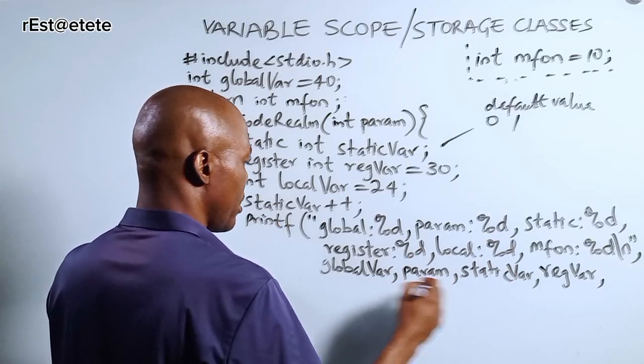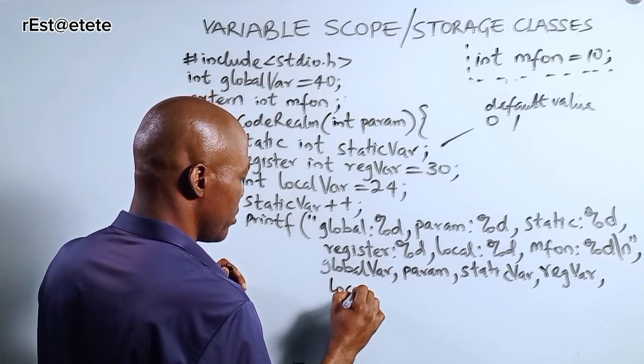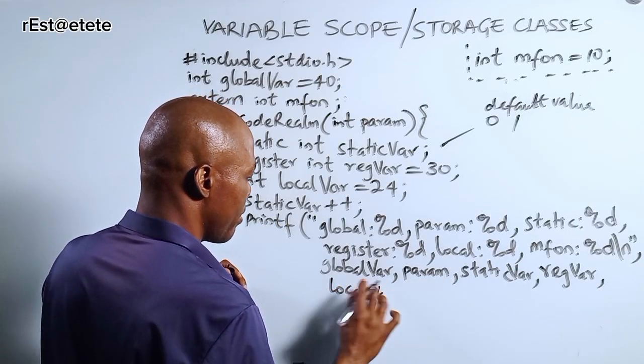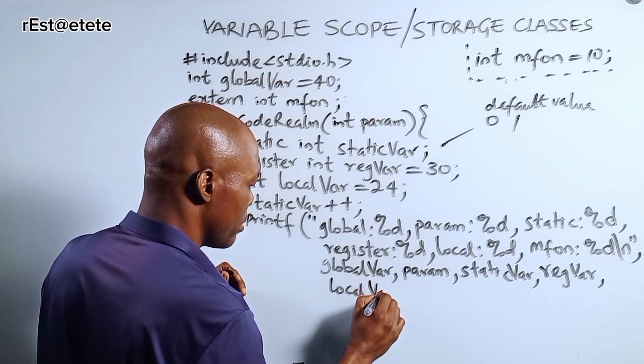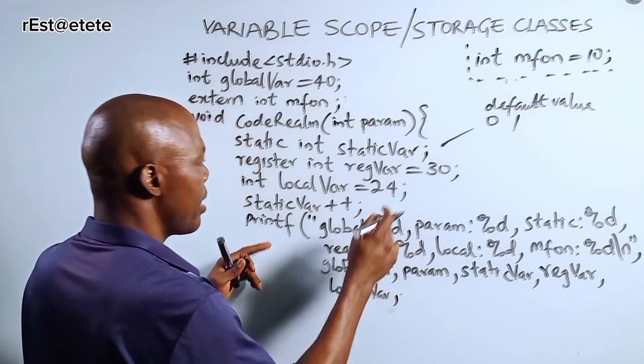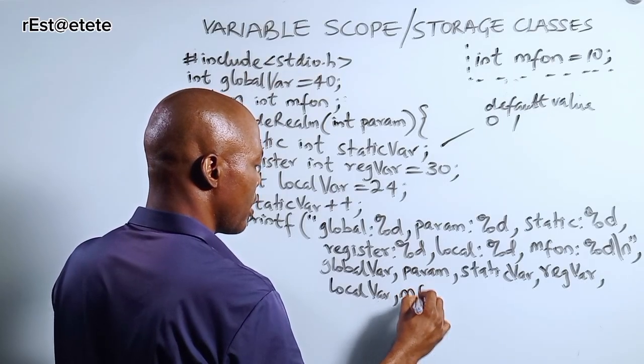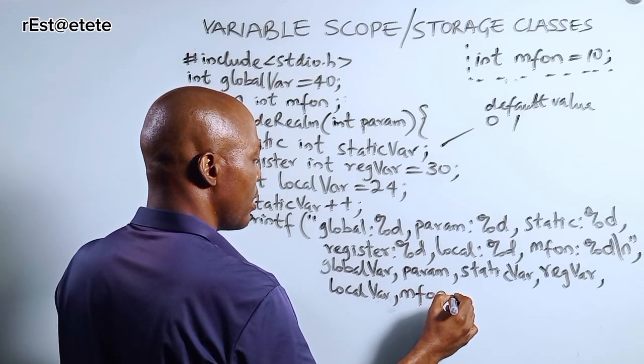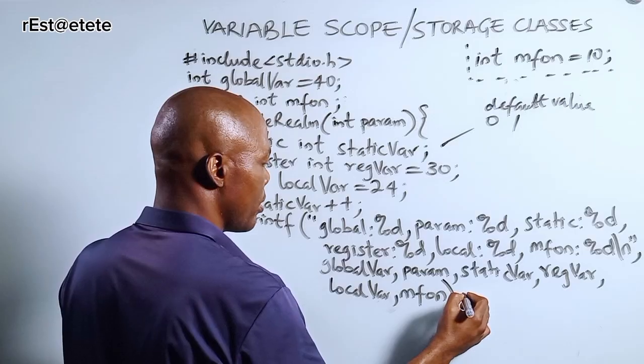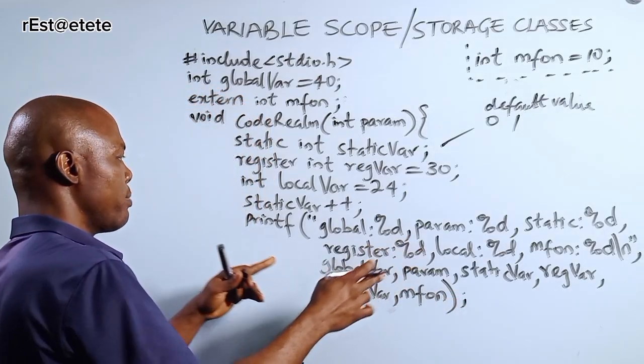So local will take, I'll come here again and write local as one word, var, comma, and then font will take, then we'll close this. So this is my program.